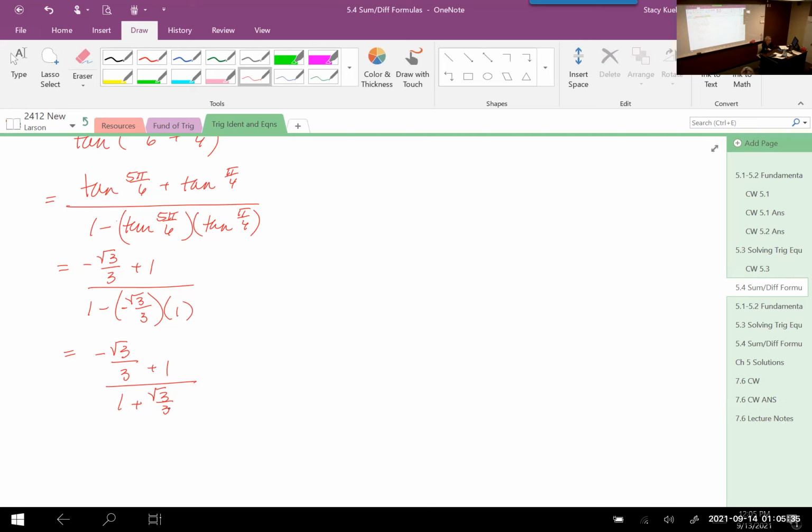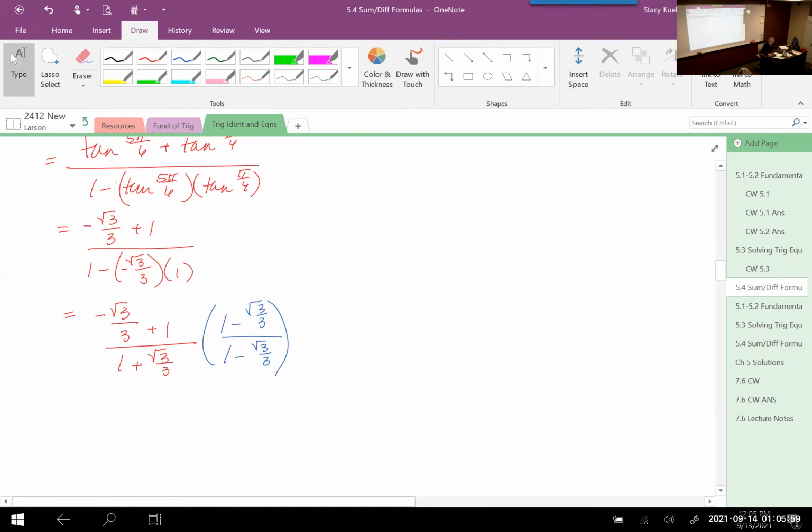To do that, I am going to multiply top and bottom by 1 minus the square root of 3 over 3. Remember, we multiply by the conjugate that squares both the first term and the last term, which is what we want to get rid of.